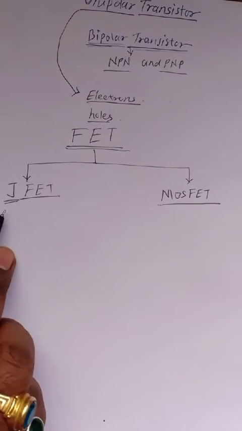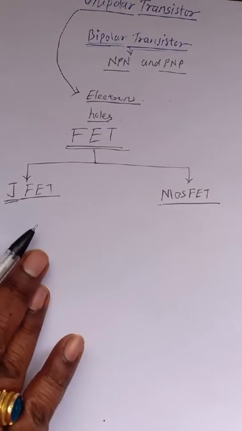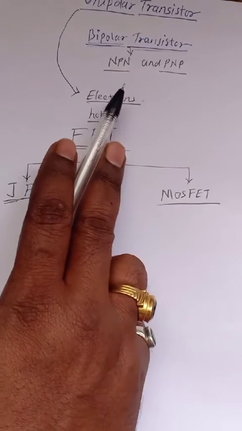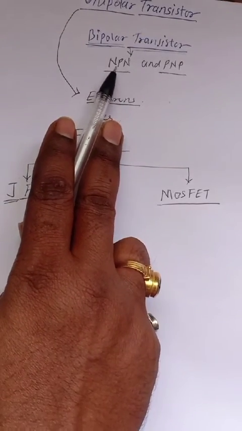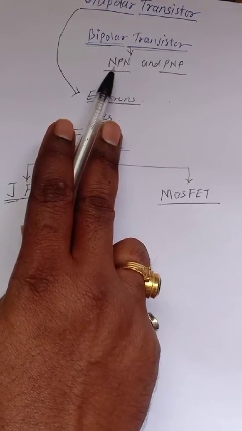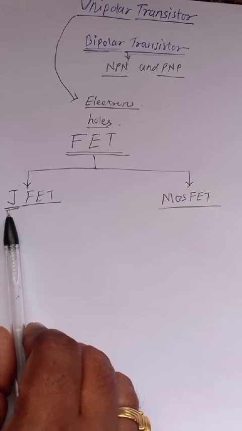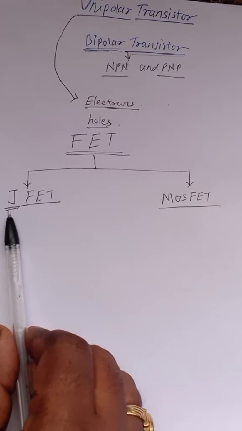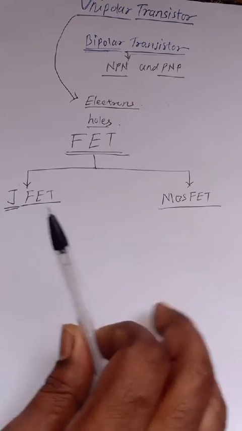The JFET has a junction. Like NPN and PNP transistors, where there are two junctions, the base to emitter and base to collector junction, this also has a PN junction. So it is called a junction field effect transistor.